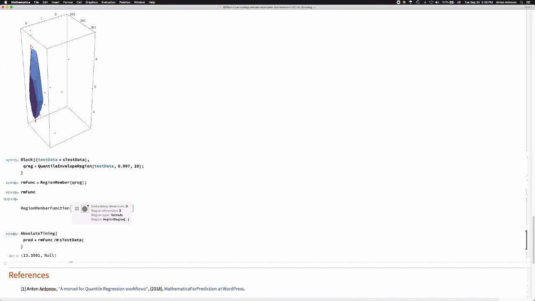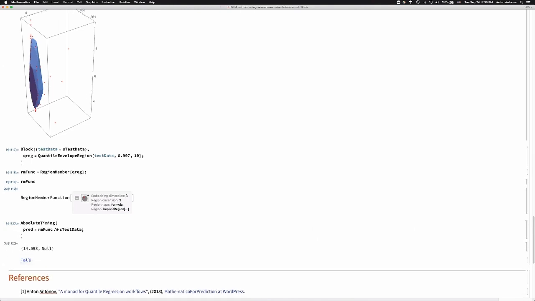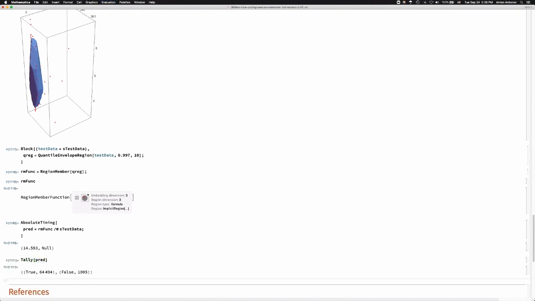Well, this is computing. I want to see also in this tally what is going on. So we see that of these 65,500 points, 1,000 points are considered to be outliers. This might be a little bit too many.